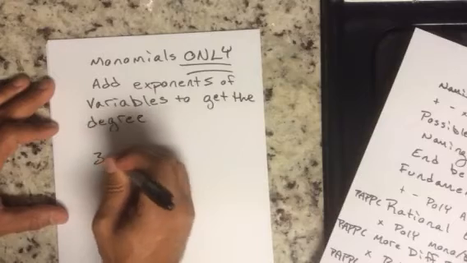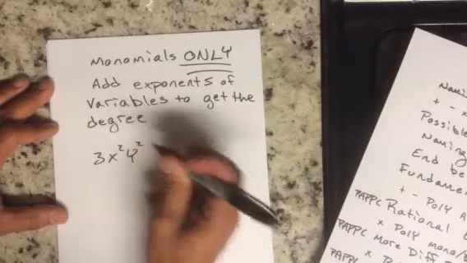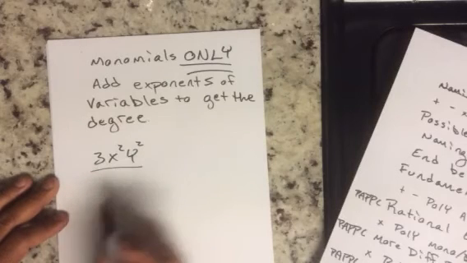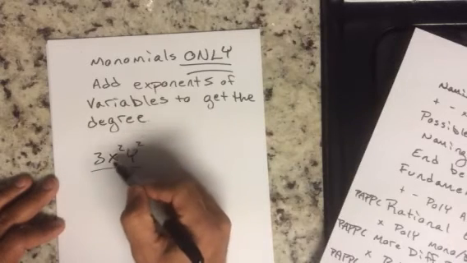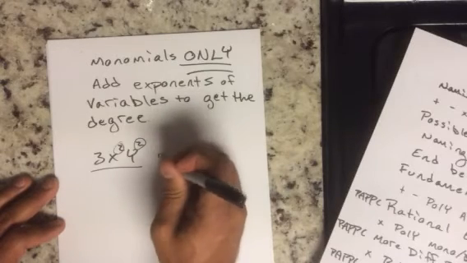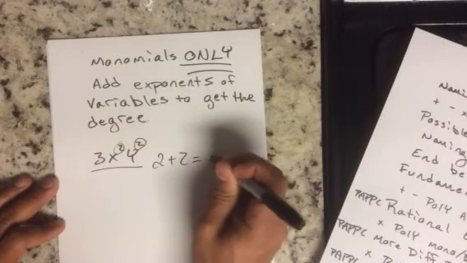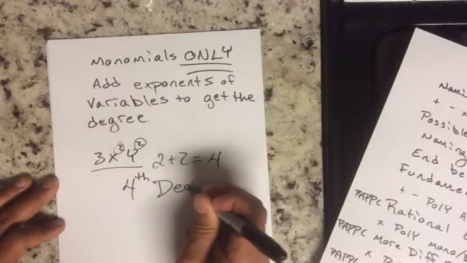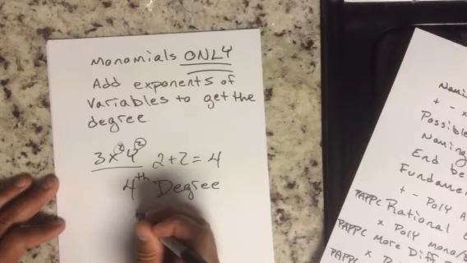So what I mean by that is if I have something like this, it is a monomial because there's no addition or subtraction to separate it out, so this is one term. This variable has an exponent of 2. This variable has an exponent of 2. I add those together. It's 4, so it's 4th degree, which means this is quintic.